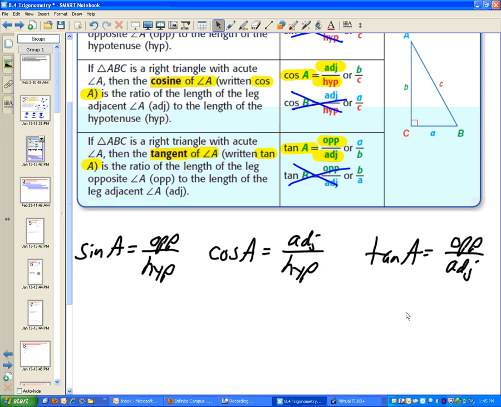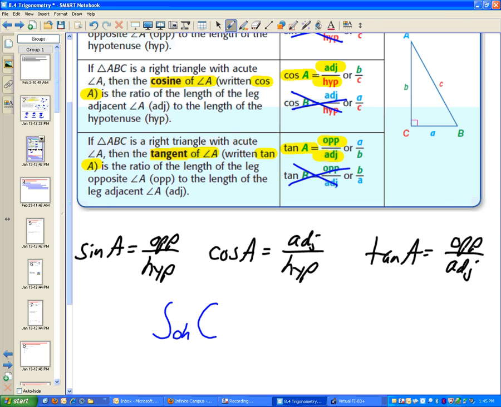Now, here's one little trick to help you memorize. And unfortunately, I don't have a very good memory, so I don't remember the story behind this. There's supposed to be some story I'm supposed to tell you about an Indian named Sokotoa. I don't remember the story. I just remember the name. S for sine, OH for opposite over hypotenuse.